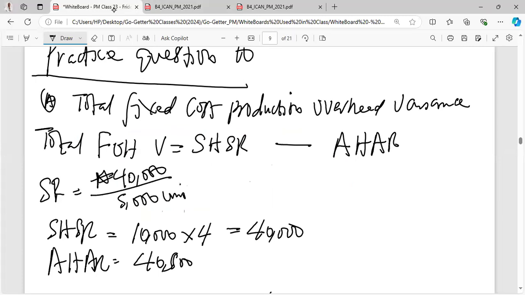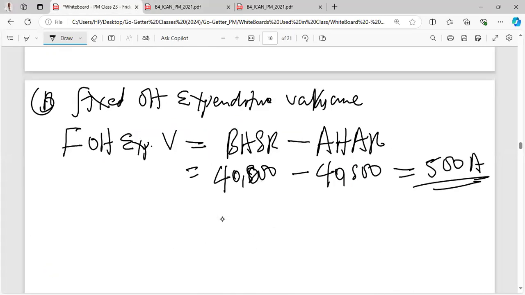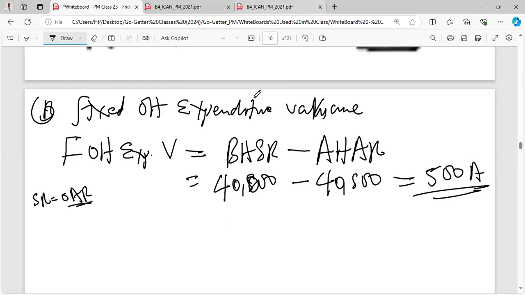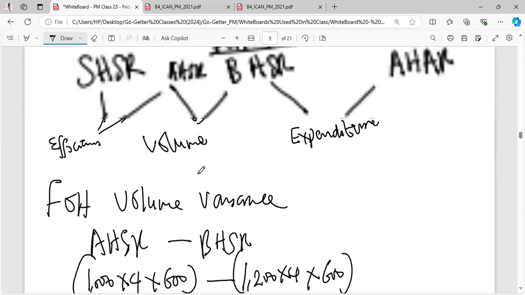So we are looking at standard rate per unit. In the case of budgeted hours, the standard rate is the overhead absorption rate, but in this case we're not using that.